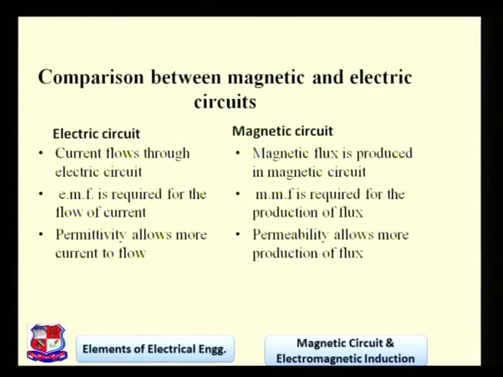Now friends, we can compare the electric circuit with the magnetic circuit. There are many similarities between them. The first similarity is that in an electric circuit the current flows through the circuit, but in a magnetic circuit the magnetic flux does not flow, it is produced. The second comparison is that EMF is required for the flow of current.